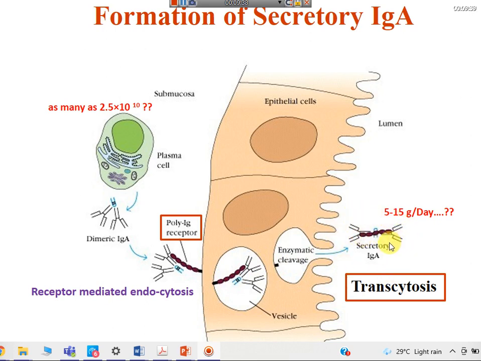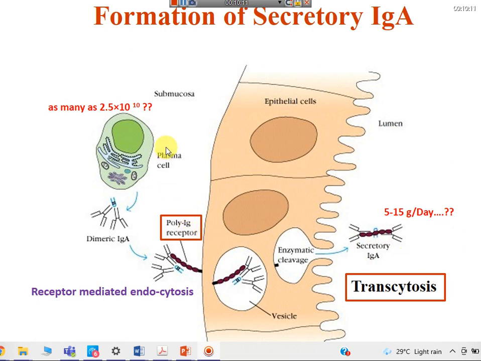So that's how we see a secretory component of poly Ig nature associated with the Ig molecule. You will be surprised that we secrete about 5 to 15 grams of IgA in our intestine every day. So it's a huge amount, and you can also imagine the importance of this secretory IgA in neutralizing different antigens entering through our gut.